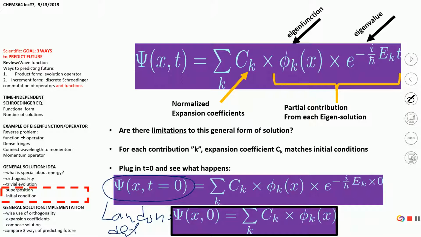Find values of C sub k that will convert this general solution into a specific wave function that we can call psi of x comma 0 for time equals 0. If we have a certain past at time equals 0, then we can set time equals 0 on both left and right sides. So just plug in t equals 0 on the left and t equals 0 on the right.